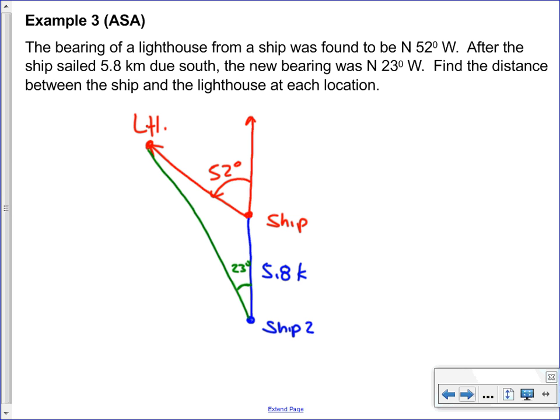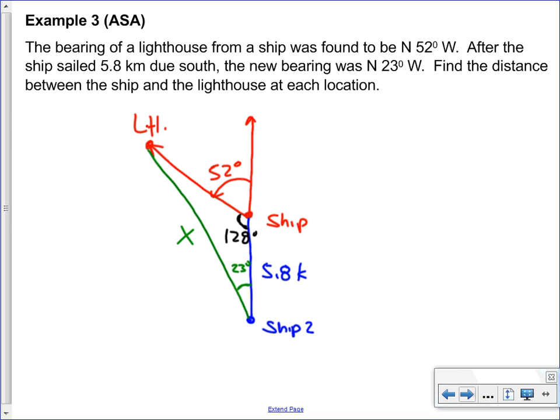Find the distance between the ship and the lighthouse location. So the new distance is right here. There's more stuff we can fill in. How much is a straight line? 180. So we can fill in this angle. What is it? 128.